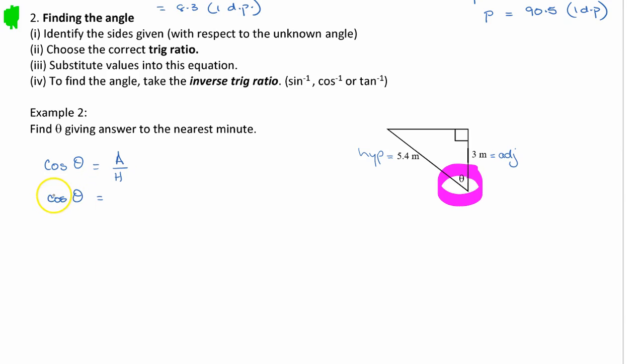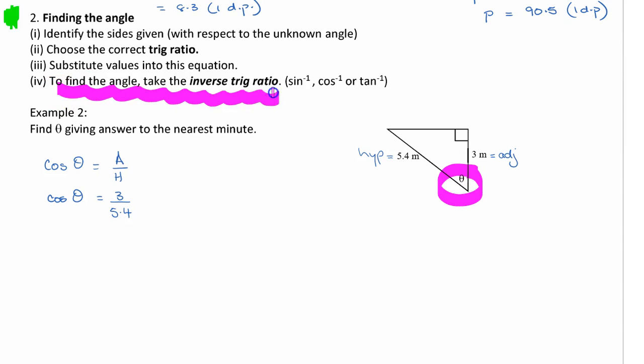Now, you'll know from the work you did in the algebra chapter, if we don't know that number there, we certainly must know the numbers in the other two spots, which we do. So the adjacent side has a 3 on it, and the hypotenuse has a 5.4. Now, this is the important different step.